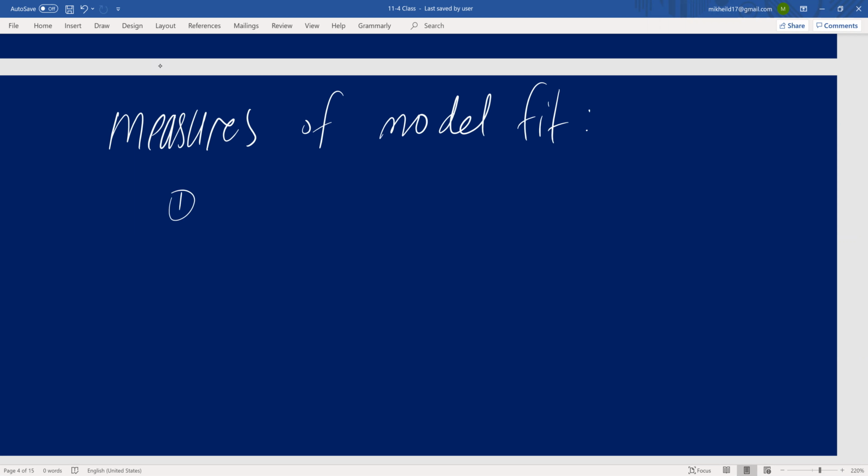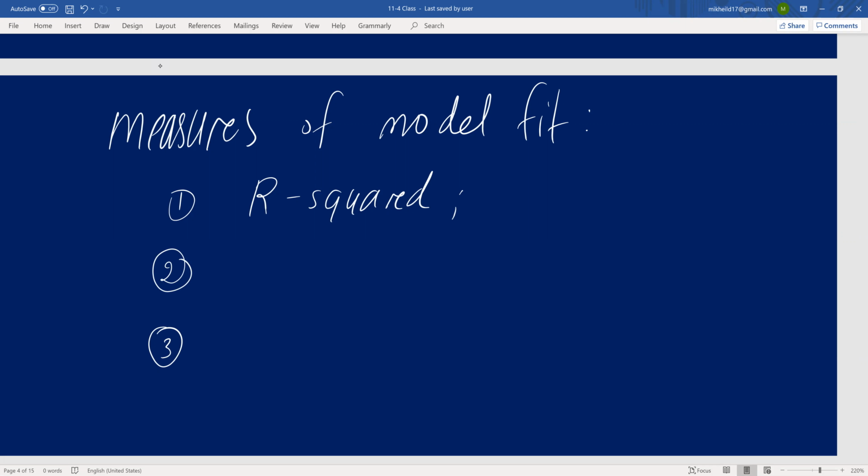One is R squared, and there is another, let me call this 3 because there is 2.